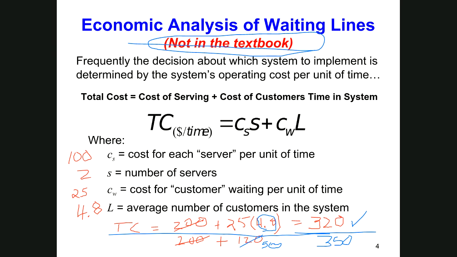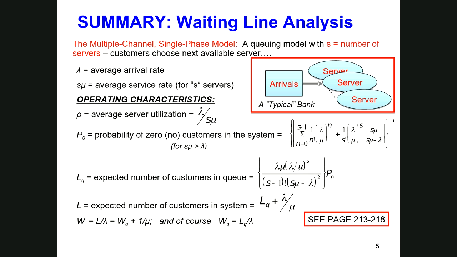And last slide, again, just a summary of those formulas for the various operating characteristics. Again, I recommend that you do not use these, but that you use the QMacros whenever possible.